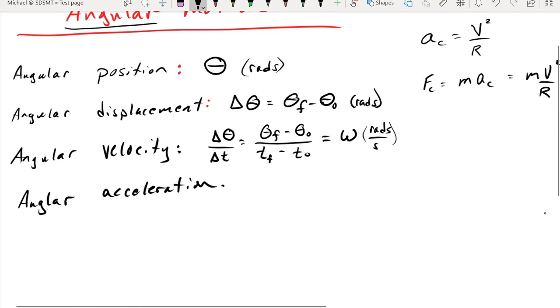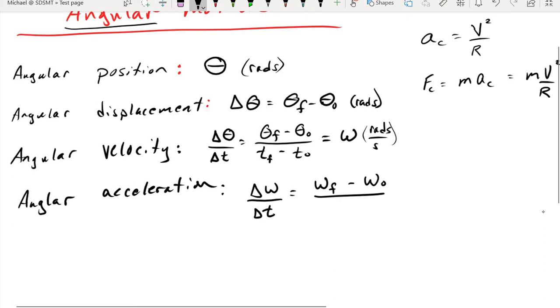But then that brings us to our angular acceleration. By definition, acceleration is a change in velocity with respect to time. We're now using angular velocity. So this implies that there could be some initial and final angular velocity as we travel around the circle.